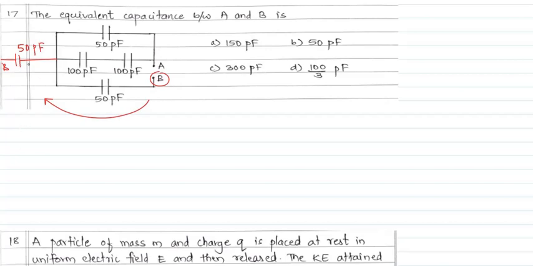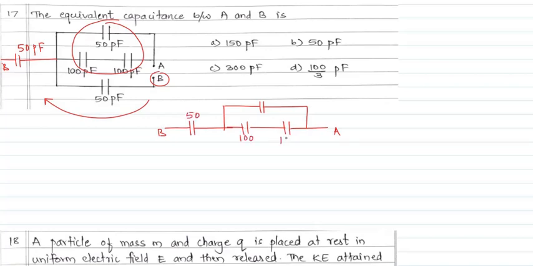So this 50 is in series with these 3. Means your simple circuit will be in this form. This is B, this is A, this is 50 picofarad, these two are 100 and this is 50. You are required to find equivalent capacitance.